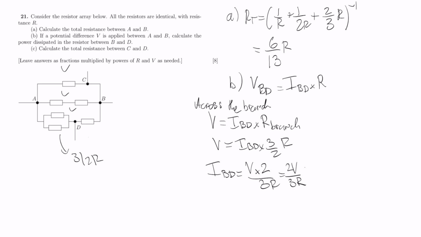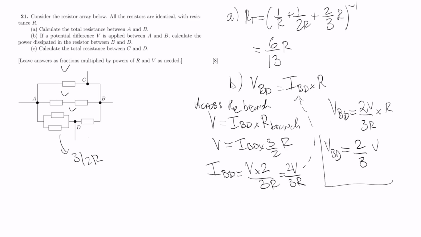Now I can sub this into here, and VBD will be given by the current 2V over 3R multiplied by R, and I'm going to get 2/3 V. So the potential difference across there will be 2/3 of the actual voltage V.